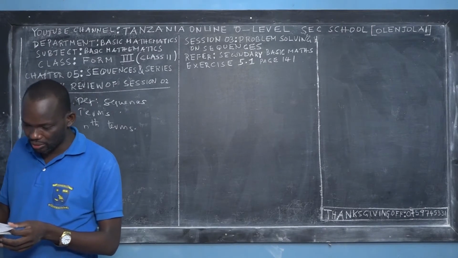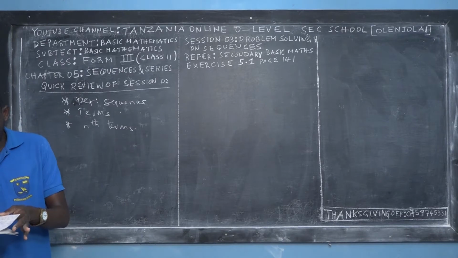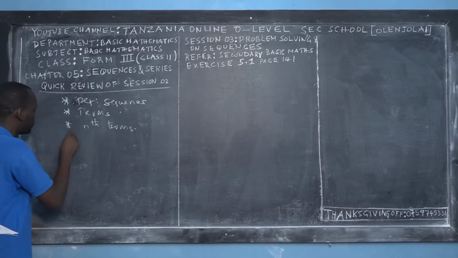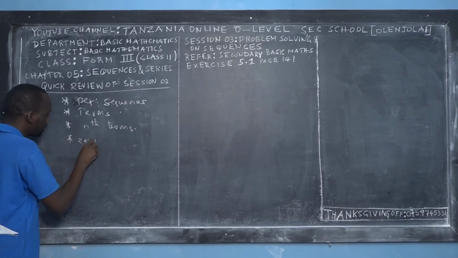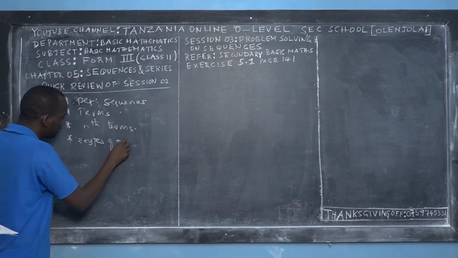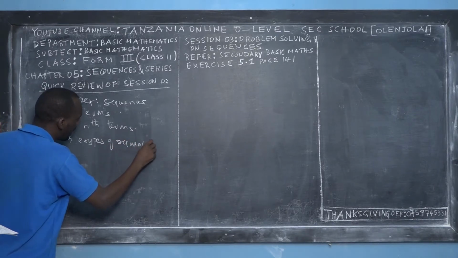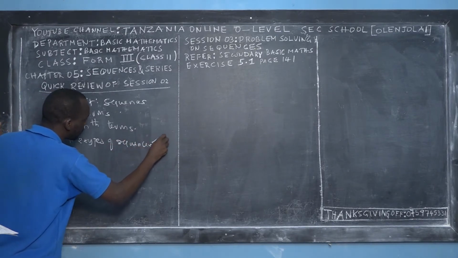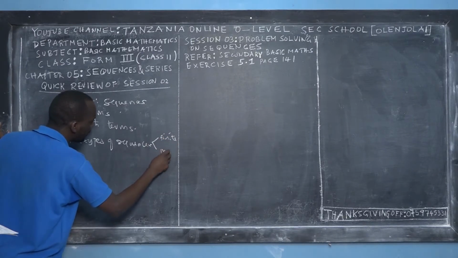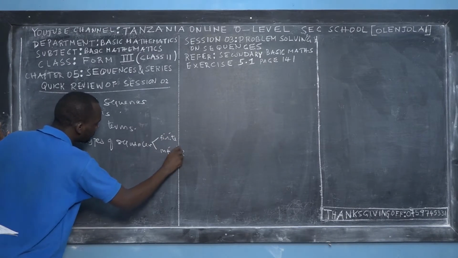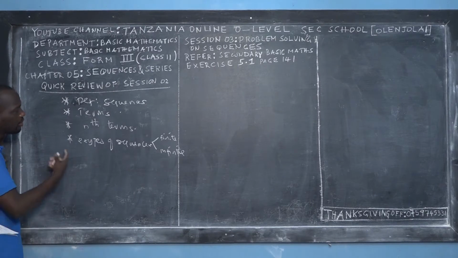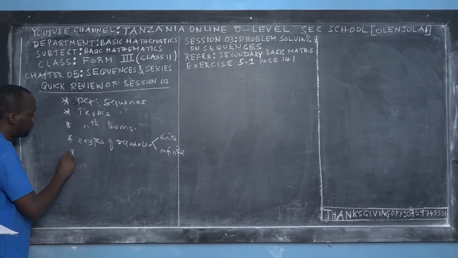I told you about two types of sequences: we have finite sequence and also infinite sequence. So make sure that you go through the first lecture before the second session, and the second session before this third session.